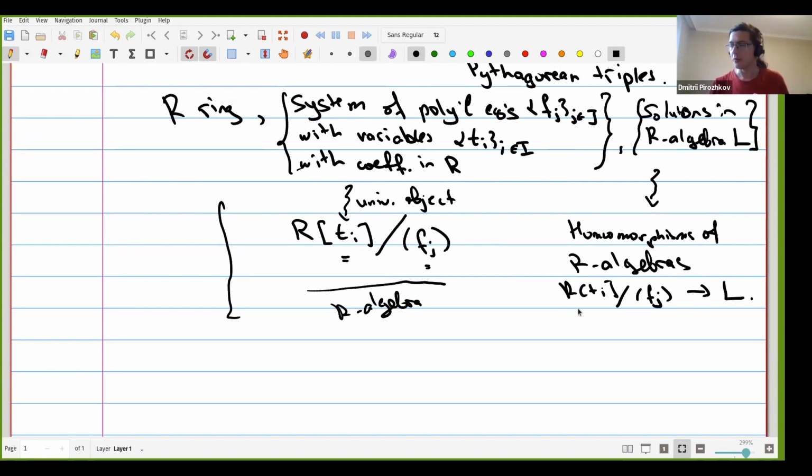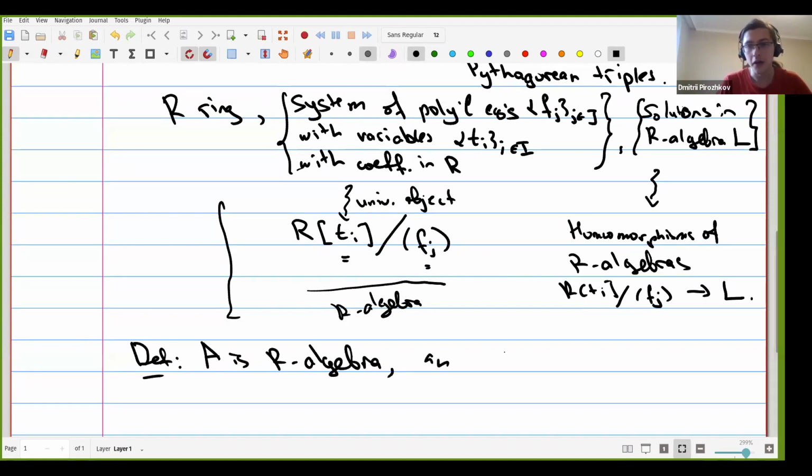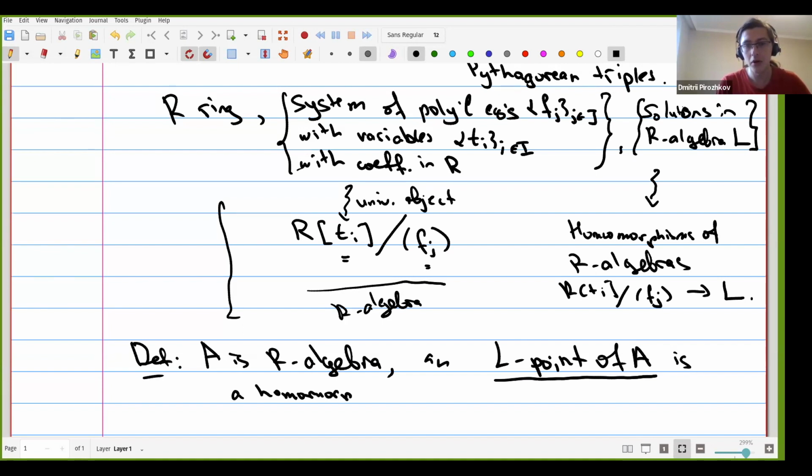Okay, so this leads to a definition, or maybe just a notation. So if A is an R algebra, then I say an L point of A is just defined to be a choice of homomorphism A to L of R algebras.